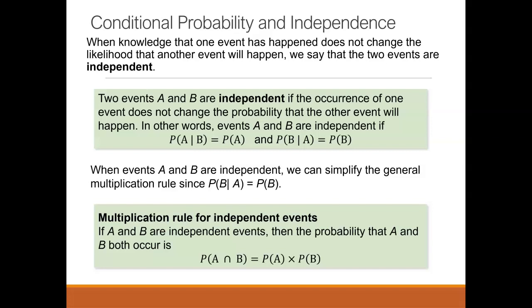Everybody's okay with that? You know, the probability of drawing 2 7s in a row is 4 out of 52 times 3 out of 51. Everybody's okay? One is independent, the other is dependent.